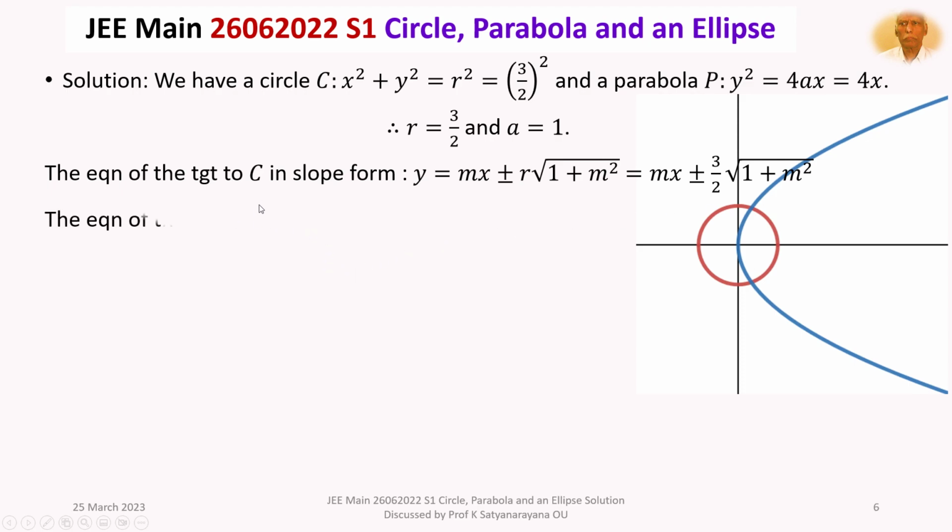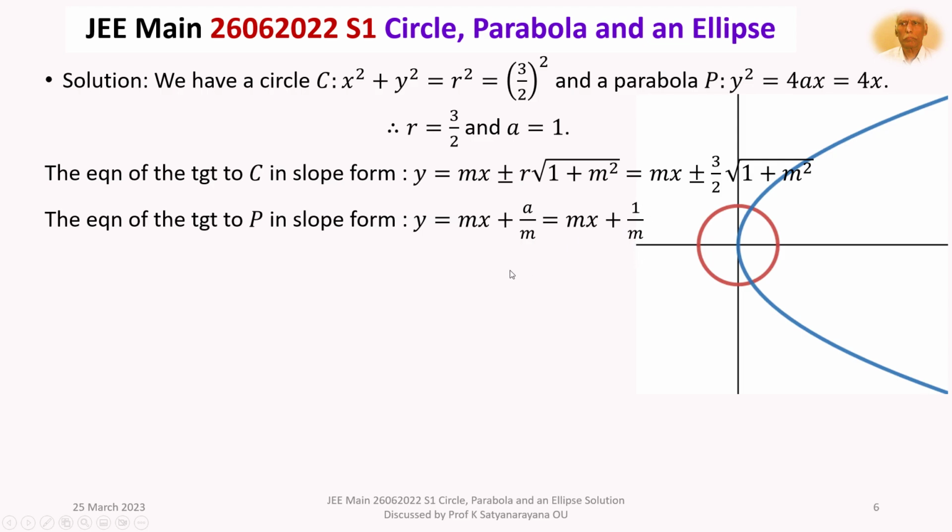The equation of the tangent to the parabola in slope form is given by y = mx + a/m, where a is 1. Therefore, in slope form, the tangent to P is y = mx + 1/m.